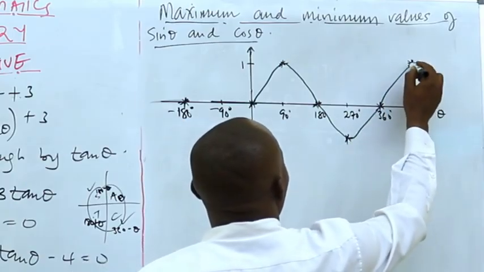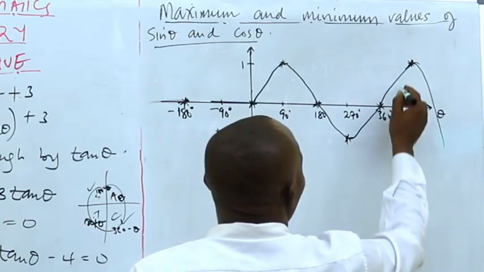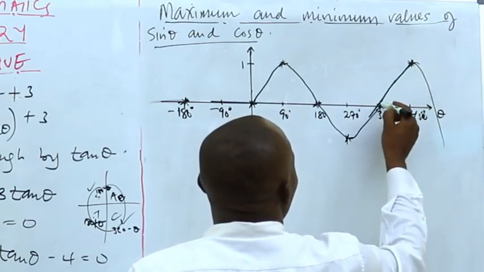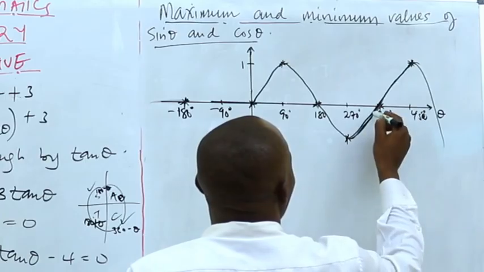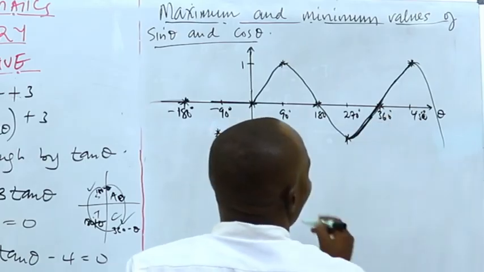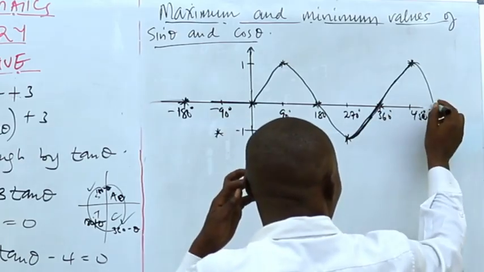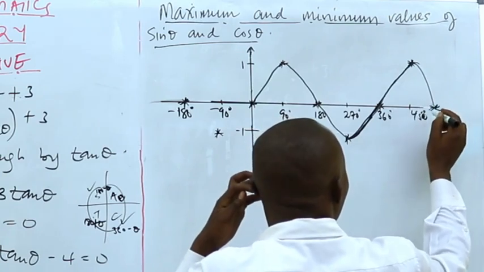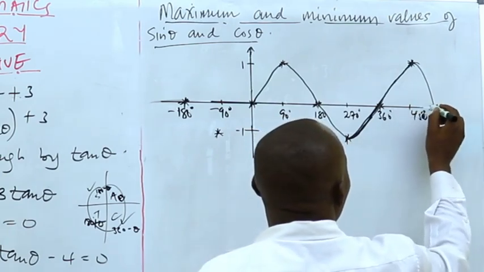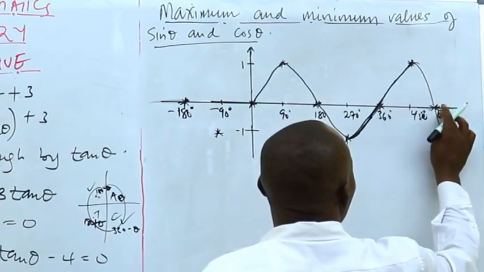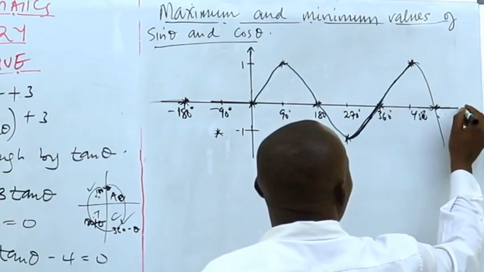Okay? Something like that. So this one is supposed to cross somewhere there, and have something like that.